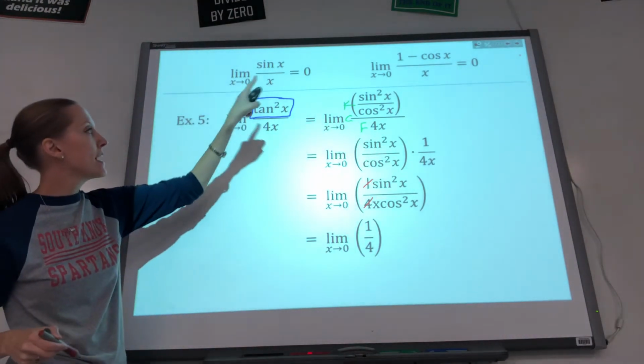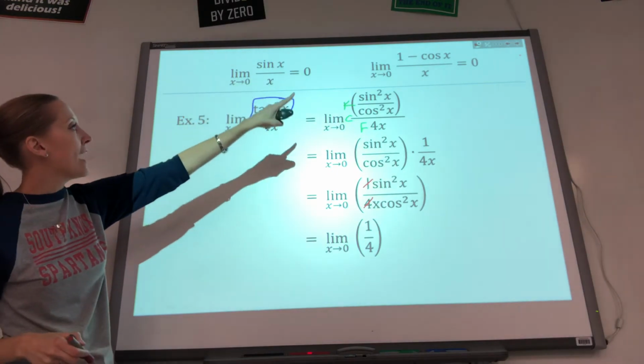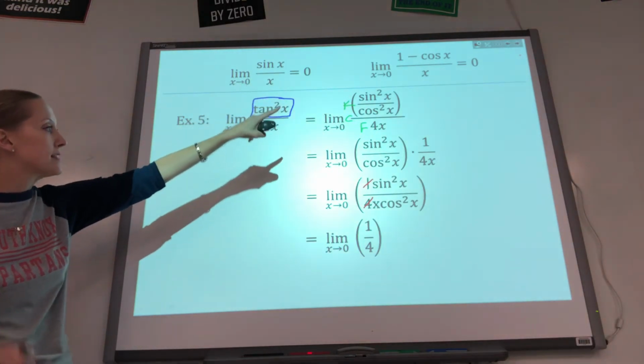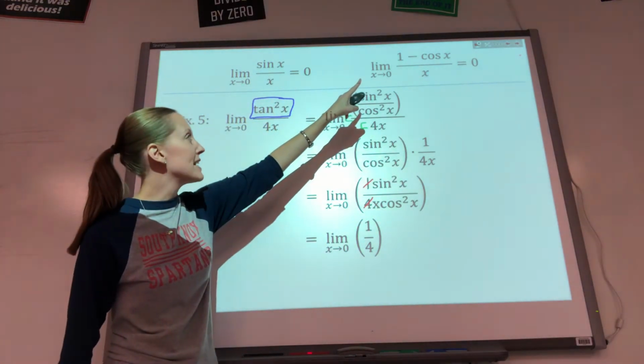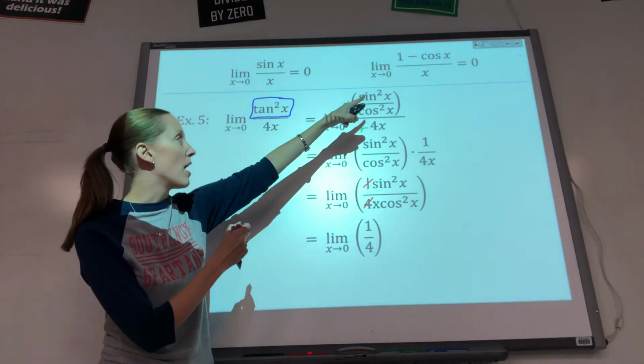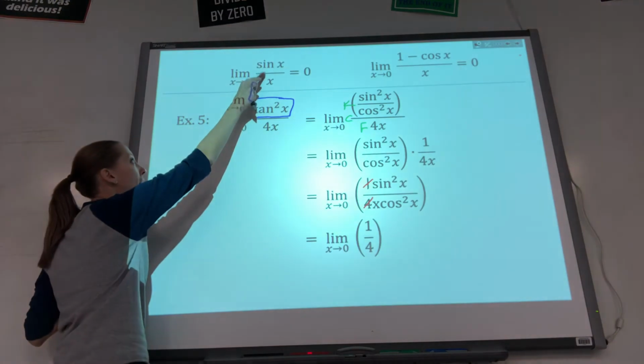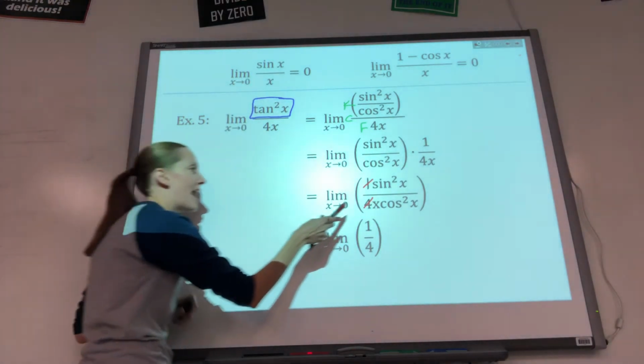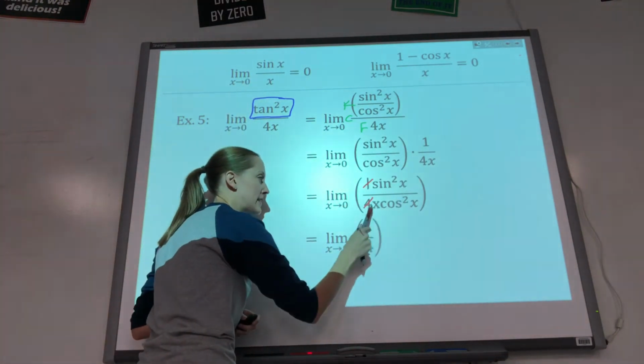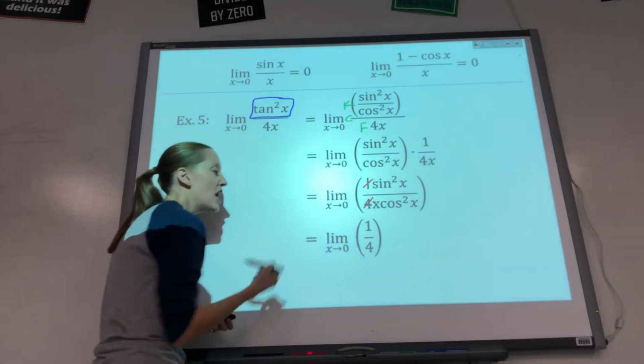I'm keeping in mind my nice trig limits. I don't think we're going to be using that one on this problem because you don't have subtraction anywhere, but you do have a sine of x over x.